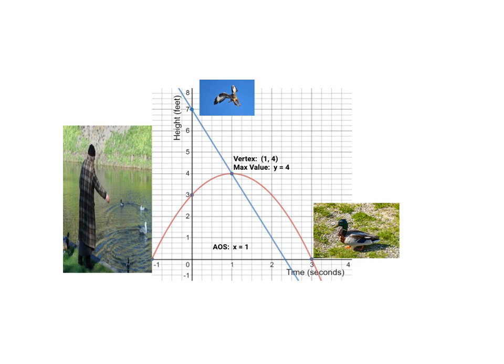So let's look at our range. So range, we talk about y values, okay? And we're talking about y values for this parabola. So again, they're going to be between 2 values. Now, we have our starting point right here, but that height of 3 is between other values.